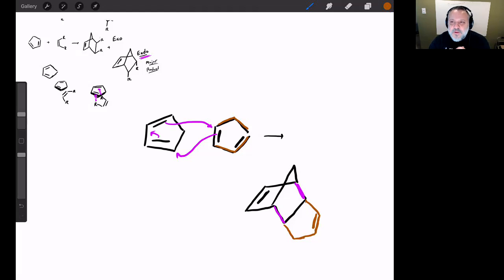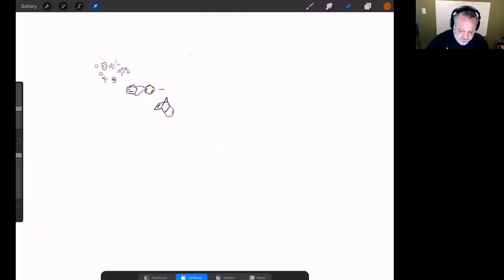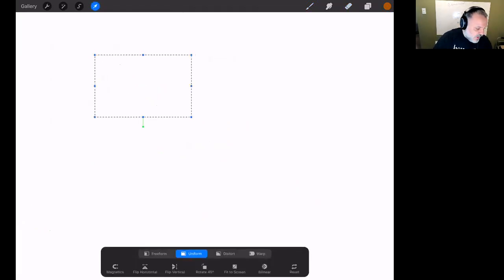We talked extensively about the stereochemistry, even bringing up the idea that the product could have an endo or exo preference if the dienophile is cis. If it's trans, one is up, one is down, and it could be both versions of it. We can swap those two positions. But now remember, there's other things besides stereochemistry. There's regioselectivity. Let me give you an example of regioselectivity when it comes to Diels Alder reactions.